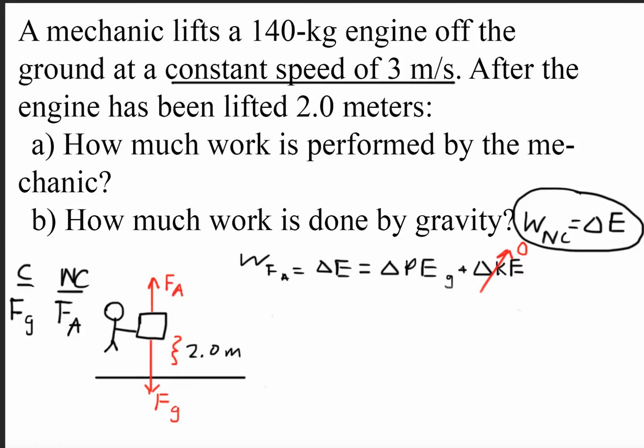And then I established that delta E is the change in mechanical energy, which is the change of your potential energy plus the change in your kinetic energy. And as a little side note, this is not always what the change of energy will be. This just involves any type of energy in the system.